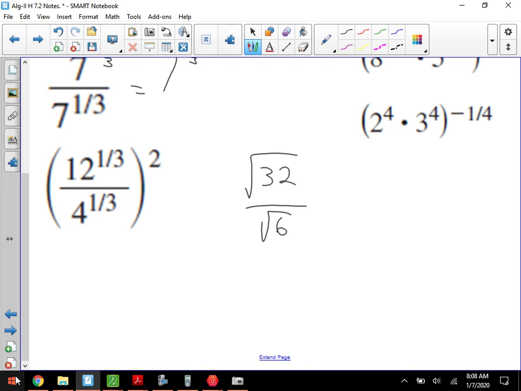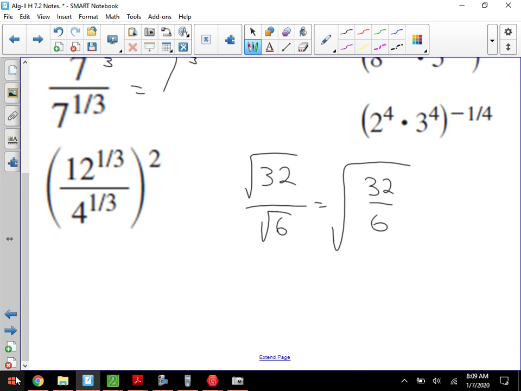Does this ring a bell? Why can you do that? Well, square roots, because what's their exponent? 1/2. They share the same exponent. So when you had a square root divided by a square root, you could create it as one fractional root. Same thing applies here. 12 to the 1/3, 4 to the 1/3, that's the same fractional root, isn't it?